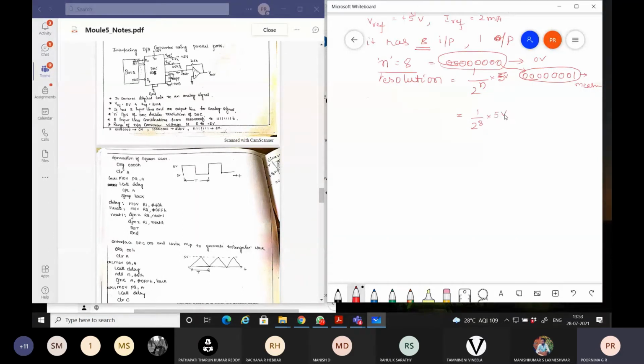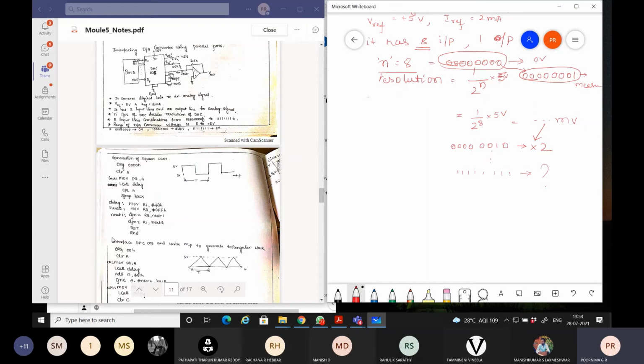If it is calculated, it will be in terms of millivolts, as the resolution that the DAC gives when there is an input 00000001. If the next input is 00000010, this voltage gets multiplied by 2, and so on until 11111111. This is how you calculate the output voltage of a digital to analog converter.